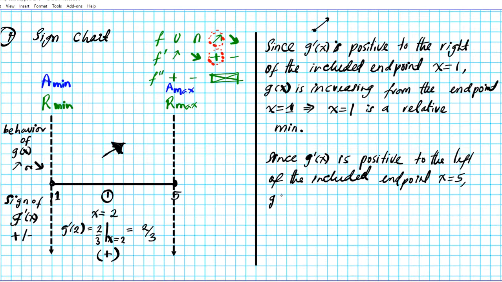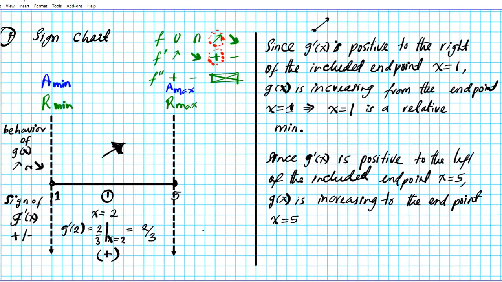As it approaches that point, g of x is increasing to the endpoint x equals 5. So it's like you're ascending to a particular value.